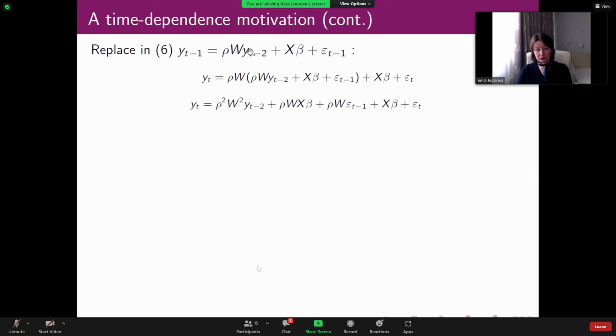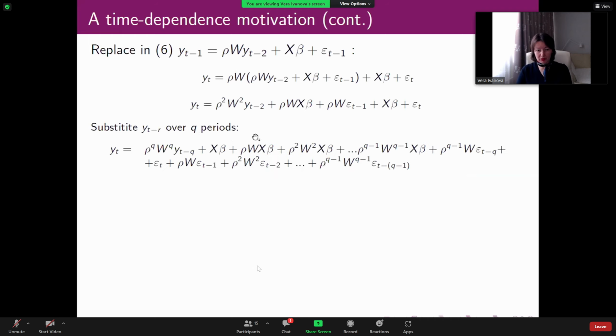Then we substitute y_{t-2}, then we open the parentheses. Let's substitute over q periods, and we modify the equation. And after the transformation, we get this rather long equation.